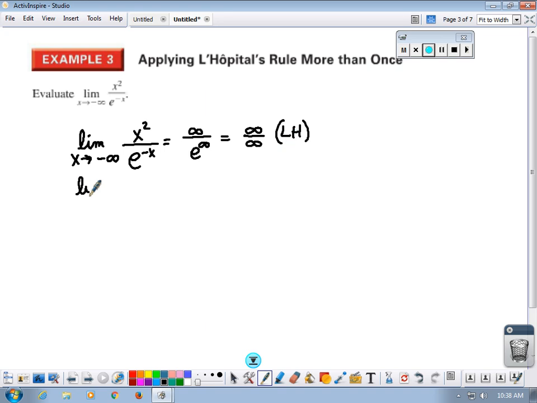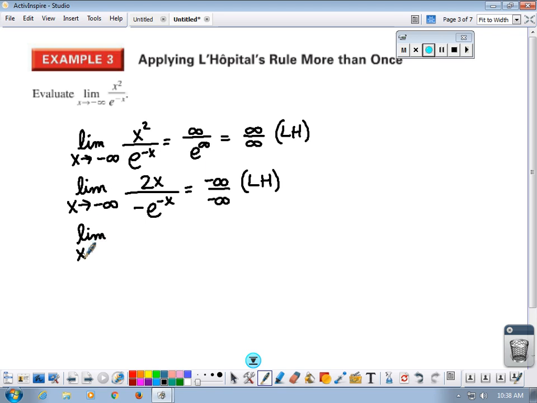Alright, so limit x approaches negative infinity. Derivative of x squared is 2x. Derivative of e to the negative x is negative e to the negative x. Well, all that does is change our indeterminate form basically to negative infinity over negative infinity. So we still need to try L'Hopital's again. You can try L'Hopital's as many times as you want, basically, until you get something.